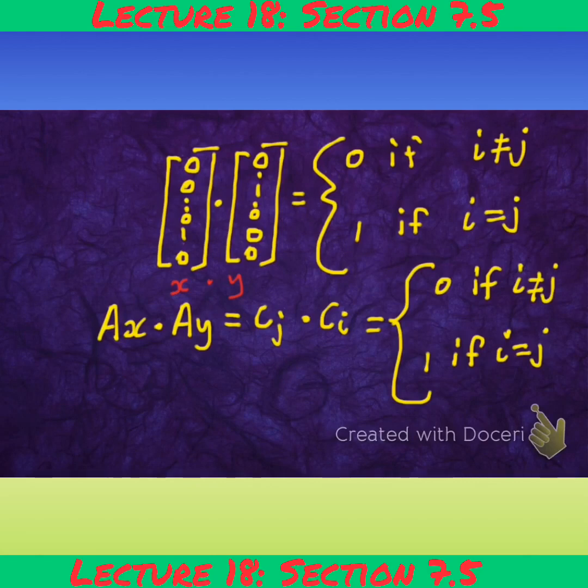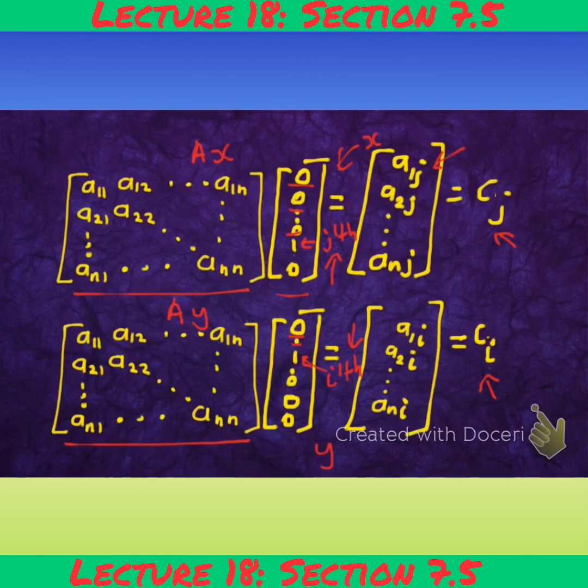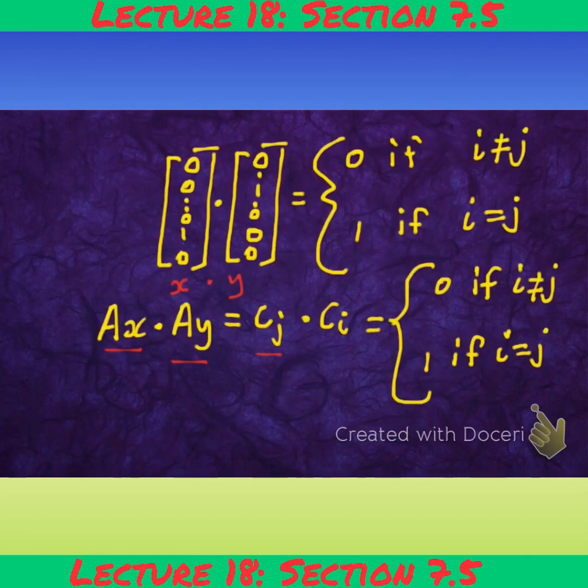Okay, so now taking Ax and dotting Ax with Ay, remember we said if we multiply A with x, we get the jth column there, and if we take A and multiply it with y, we get the ith column.